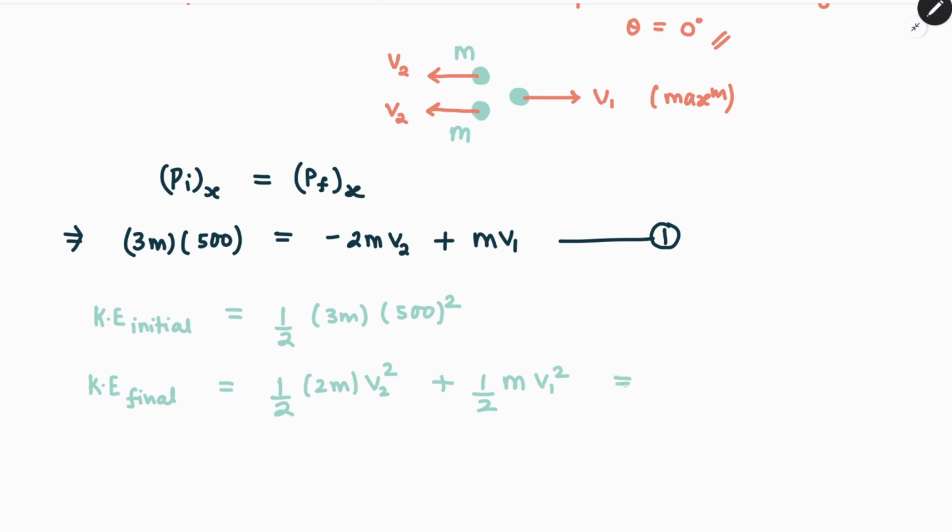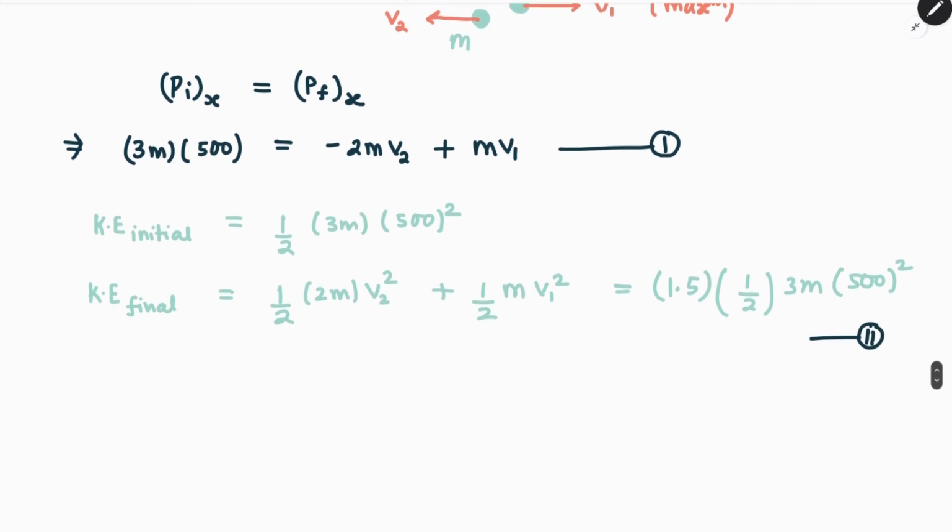Now this final kinetic energy is 1.5 times its initial value, so it is 1.5 times half of 3m times 500 squared, and this will be serving as the second equation for this problem. On rewriting this expression, we obtain an equation like this: v1 squared plus 2 v2 squared is equal to 1125000. So this is the modified second equation that we have.